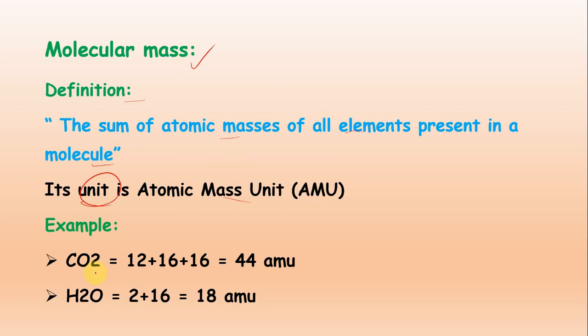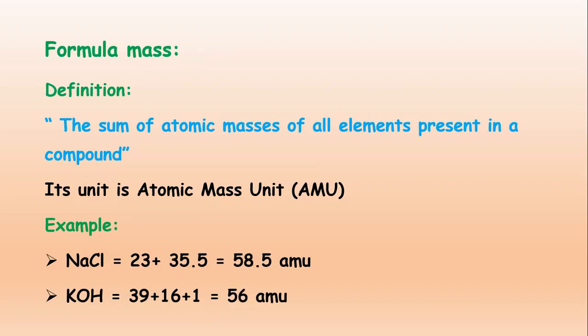Like CO2, carbon dioxide: 12 for carbon and 16 for oxygen and 16 for another oxygen, so the total will be 44 AMU. And then H2O: hydrogen 2, oxygen 16, total 18 AMU. This is how to calculate the molecular mass.